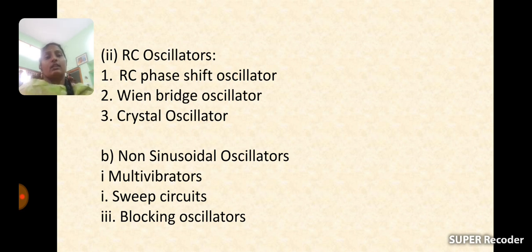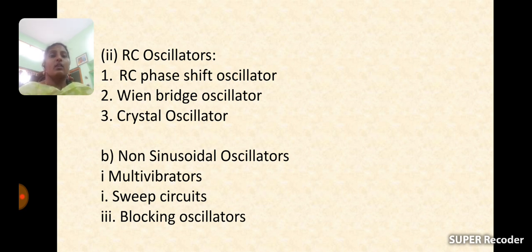And the next one is the RC oscillator: the RC phase shift oscillator, Wien-Bridge oscillator, crystal oscillator. In RC oscillators, the tank circuit is made with RC elements, resistors and capacitors. So by using resistors and capacitors, three kinds of oscillators are there: RC oscillator, Wien-Bridge oscillator, crystal.